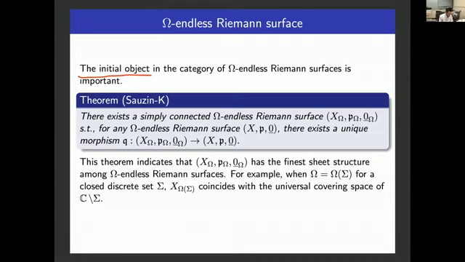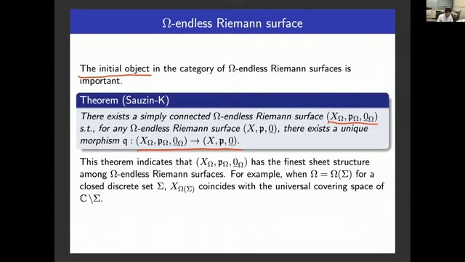So there exists a simply connected omega-endless Riemann surface. We denote it by X_omega, P_omega, 0_omega, such that for any omega-endless Riemann surface X, P, 0, there exists a unique morphism Q, this one.